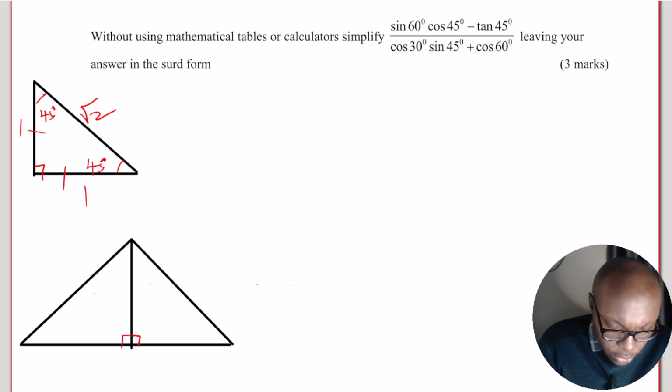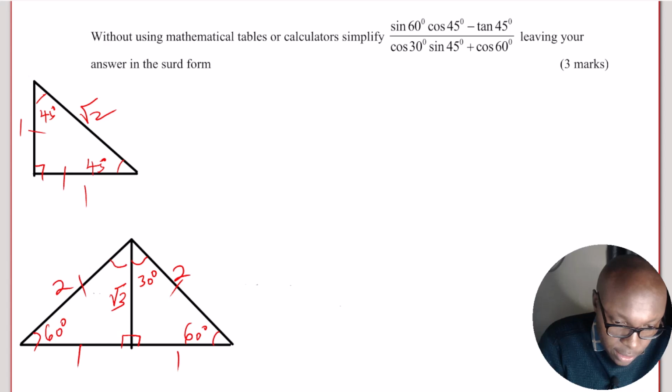The other triangle is an equilateral triangle of sides 2 units. So these will be 2 units, this is 1, this is 1. And then the height, you get this by using Pythagoras theorem. This one will be root 3. So in an equilateral triangle, these angles are 60, this is 60. And because this one is bisected, this will be 30, and this one will be 30 degrees.